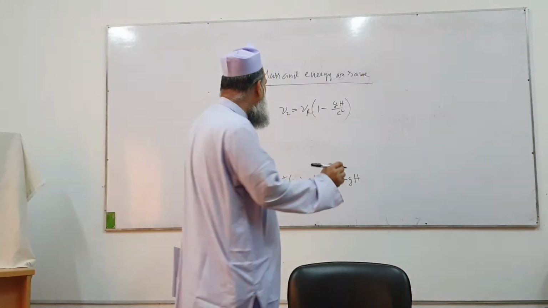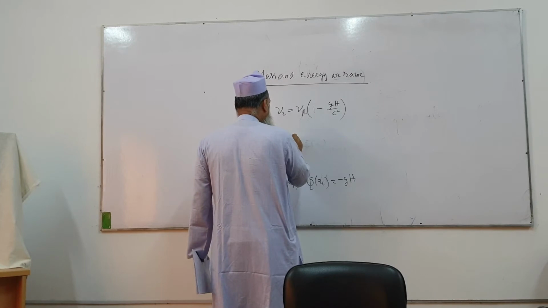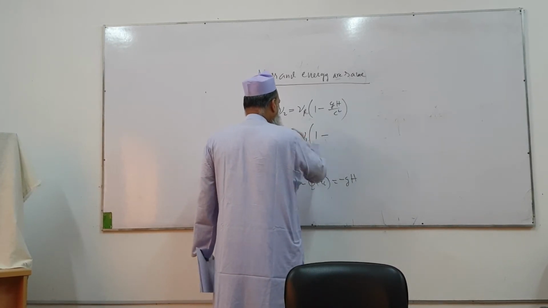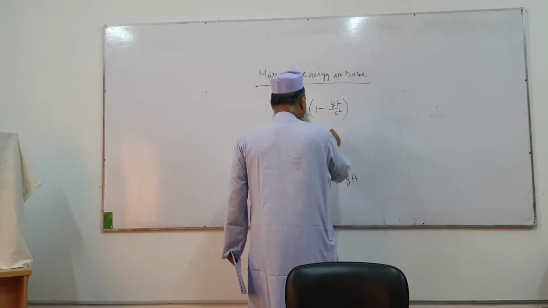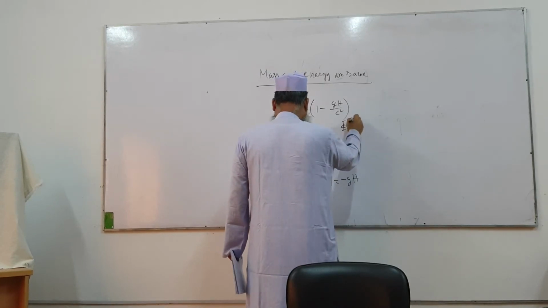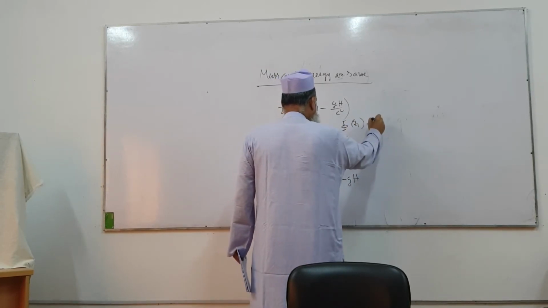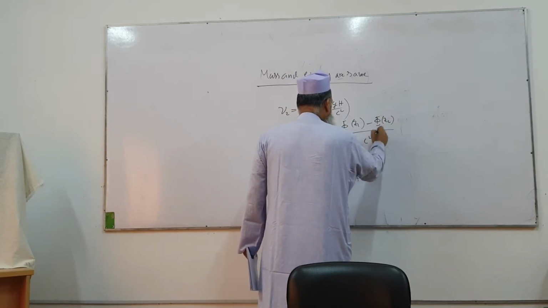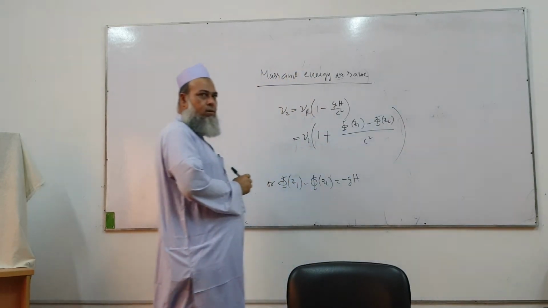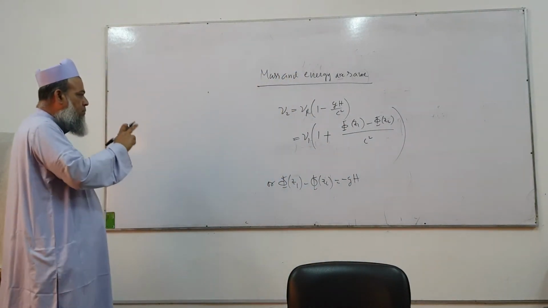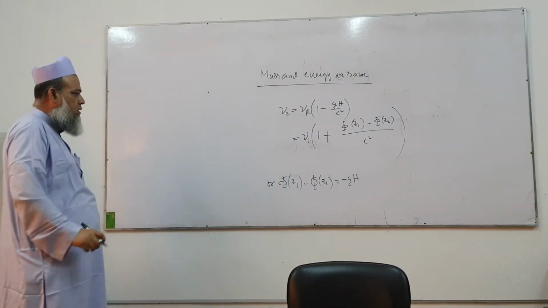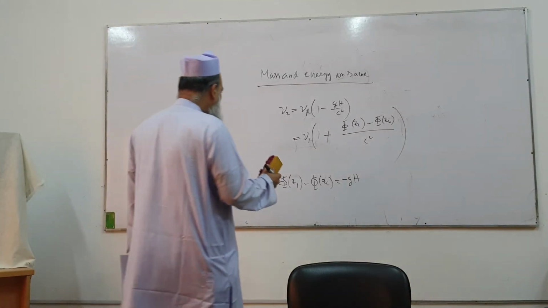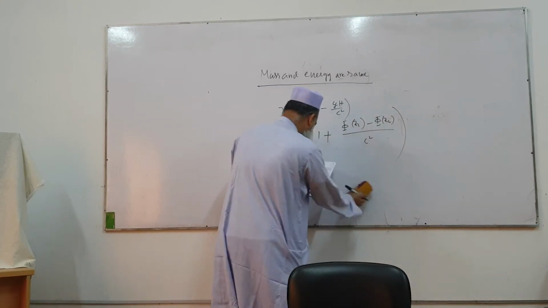So now we can write nu1 (1 plus (phi of z1 minus phi of z2) by c square), right? Minus gh, we replace minus gh by phi of z1 minus phi of z2 equals minus gh.